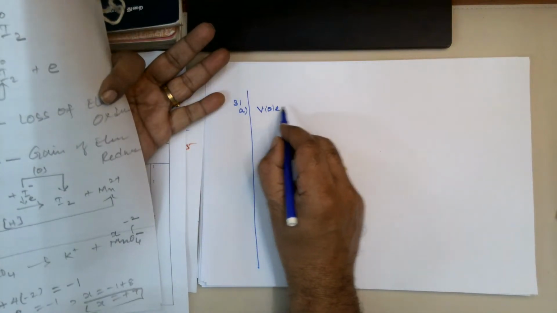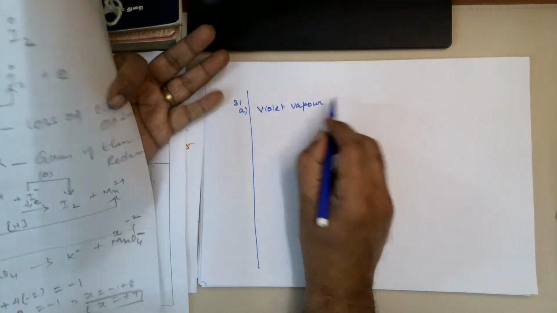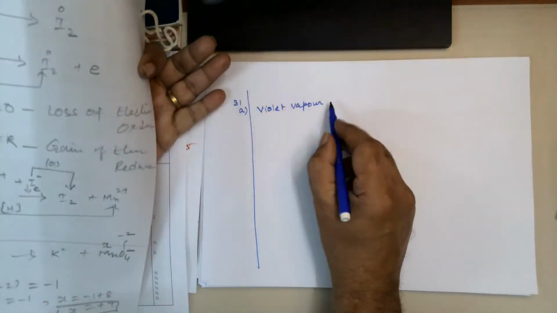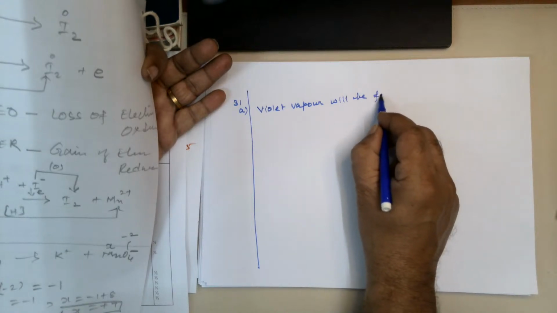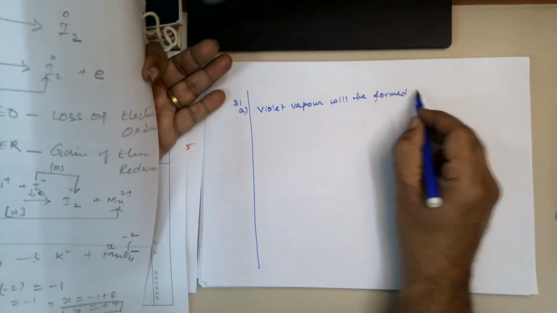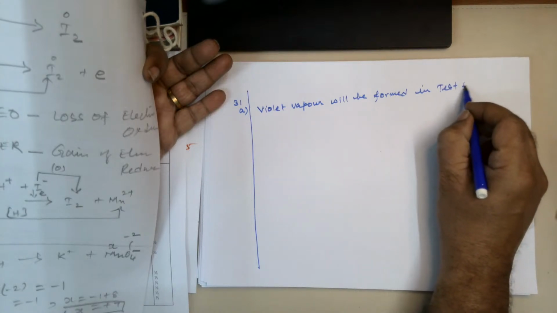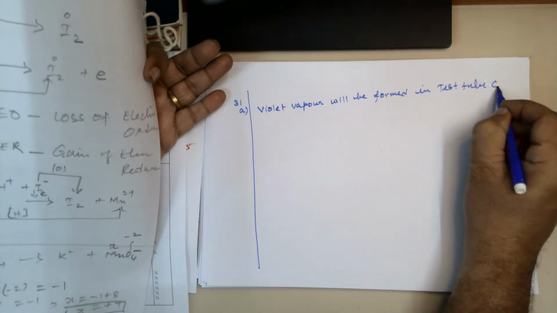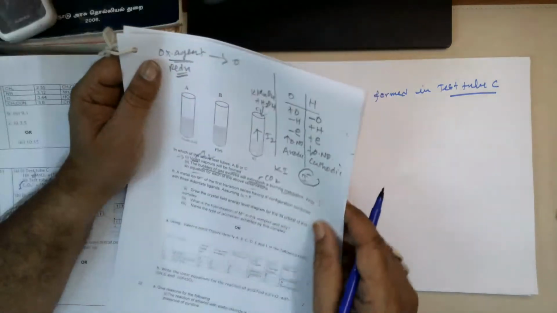Violet vapor, okay, will be formed in test tube C. Underline, underline.